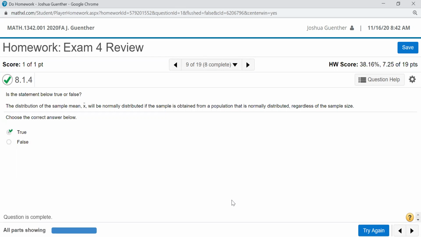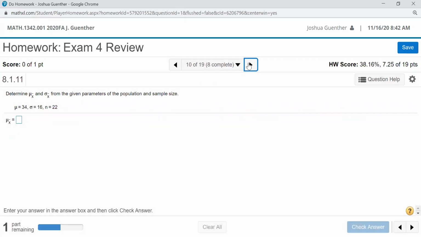We can only use the normal distribution if we have a sample size of at least 30, or if we happen to know that the distribution of the population itself is normal. So if the distribution of the population is normal, then the sample size can be whatever it wants. It can be 5, it can be 10, it can be 50 million. We would still be able to use normal techniques.